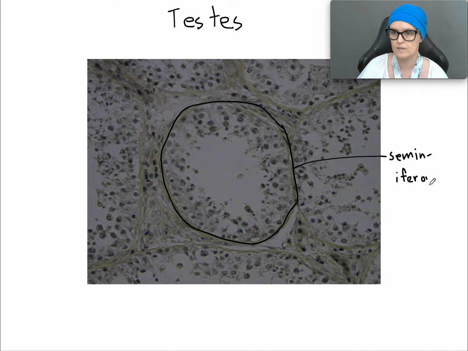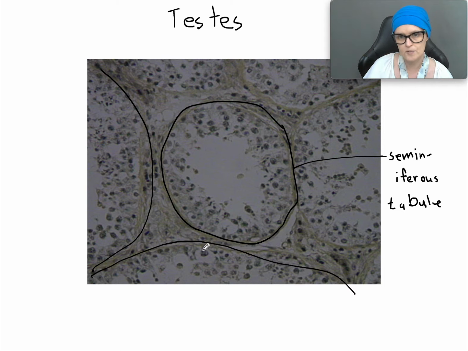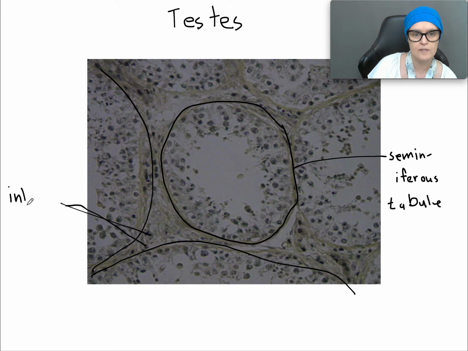F-E-R-O-U-S. Tubule. And here's another seminiferous tubule, and another seminiferous tubule. Okay, so these cells that are outside of the seminiferous tubules, in between the seminiferous tubules, are called interstitial cells.